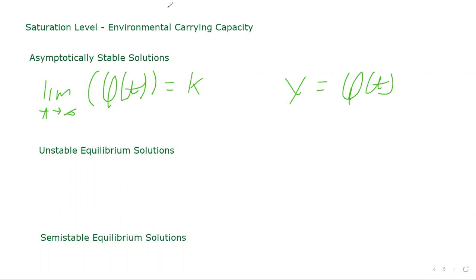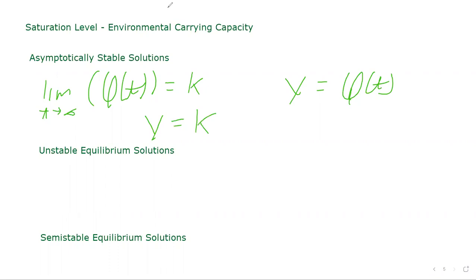So we see that our graph is going towards it. And so then we would say that y equals k is asymptotically stable, either an asymptotically stable equilibrium or an asymptotically stable critical point.